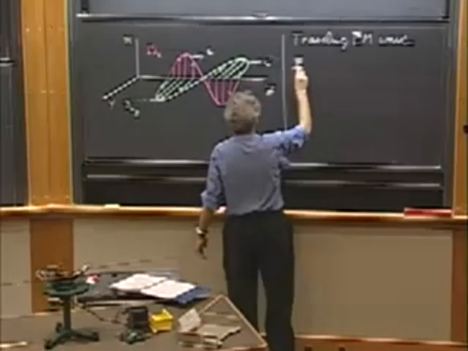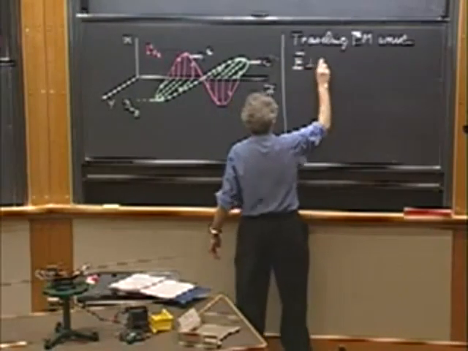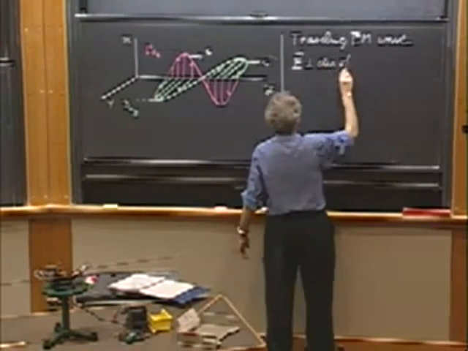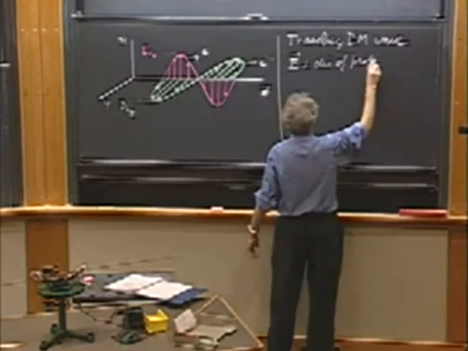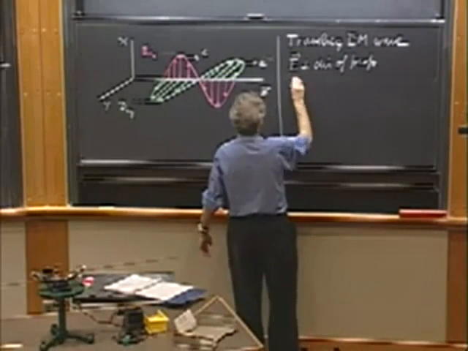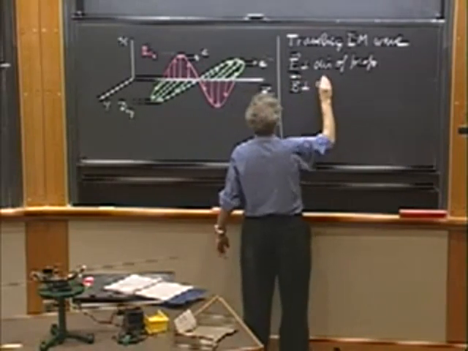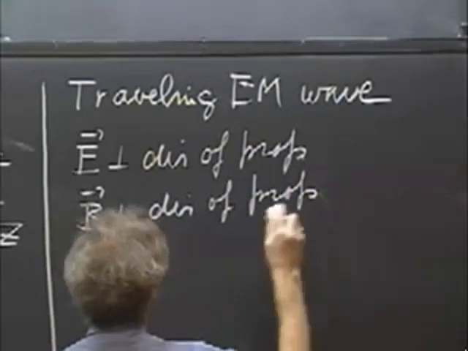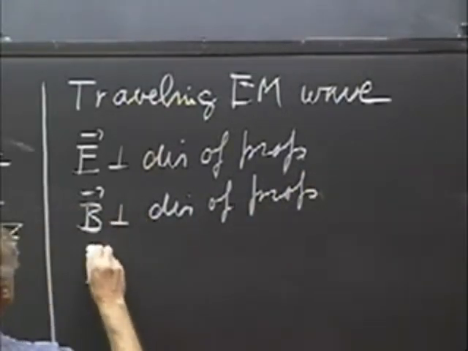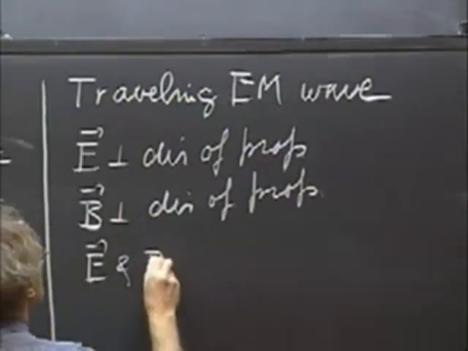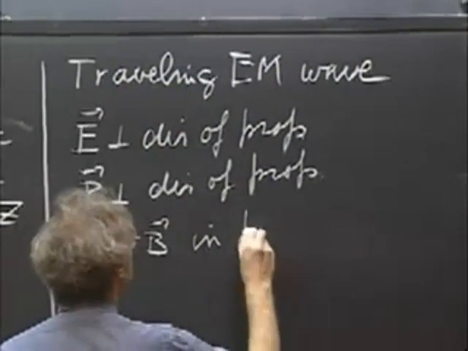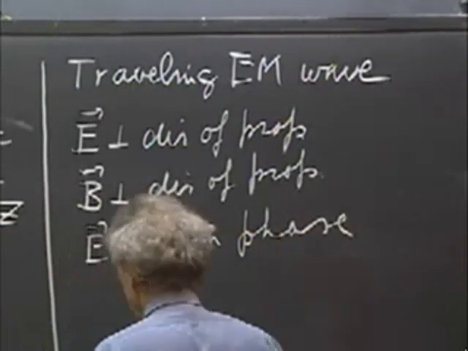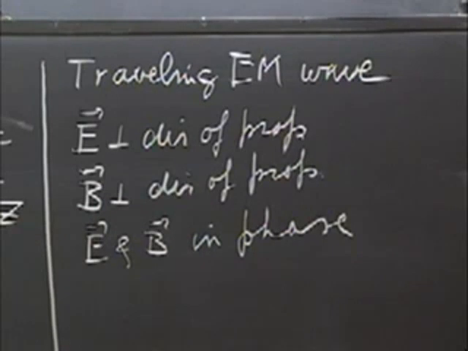The E vector is perpendicular to the direction of propagation. The B vector is perpendicular to the direction of propagation. E and B are in phase. If one reaches 0, the other reaches 0.